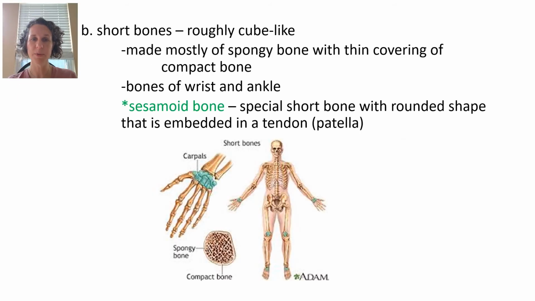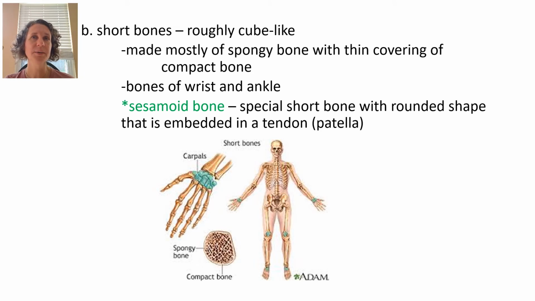All right, then you have short bones. Again, it's a pretty good description, but these are very roughly cube-like. And they have lots of spongy bone in the middle with a thin covering of compact bone. And these are your ankle bones and your wrist bones. They're more specifically called carpals and tarsals, but we'll talk about that more when we get to the actual skeleton.